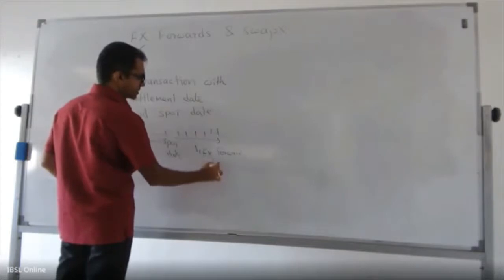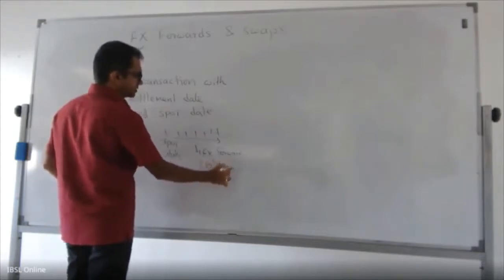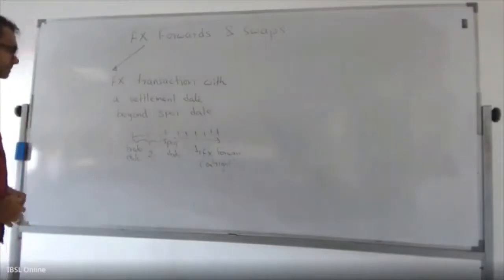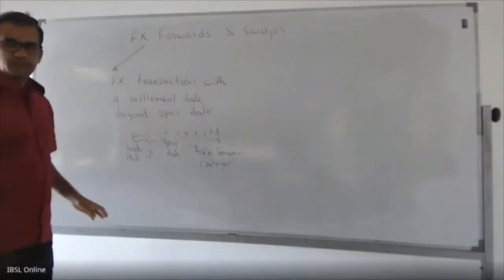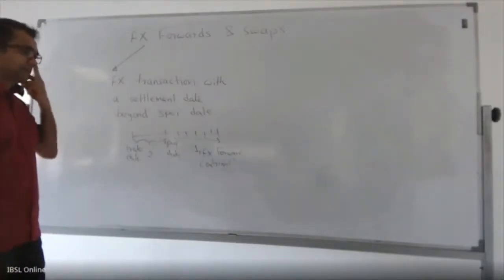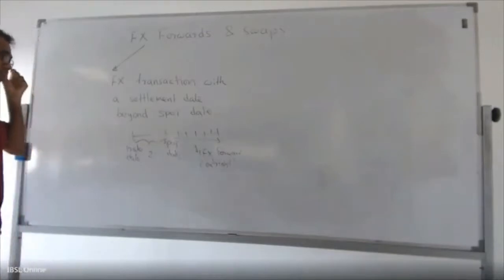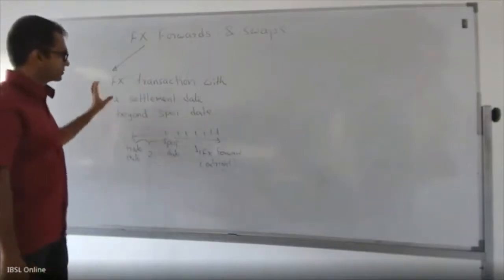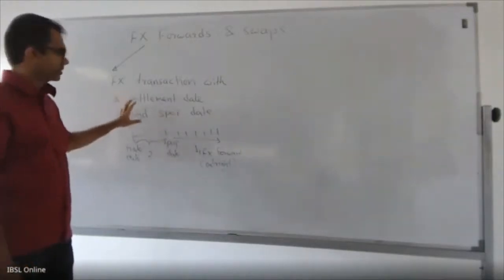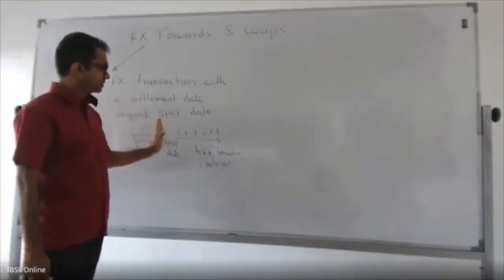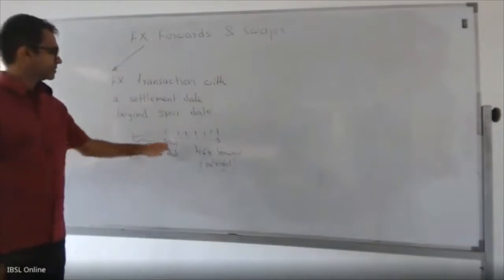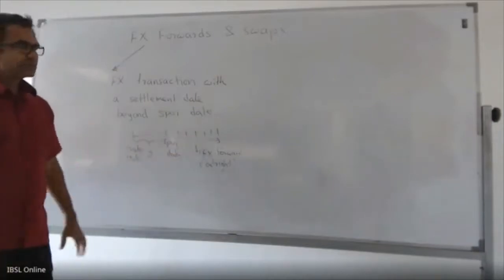And it's an FX forward outright because you just buy or sell only one thing. Is it clear? What's an FX forward transaction? That's a foreign exchange buy or sell agreement, but with the value date falling beyond or after the spot date.